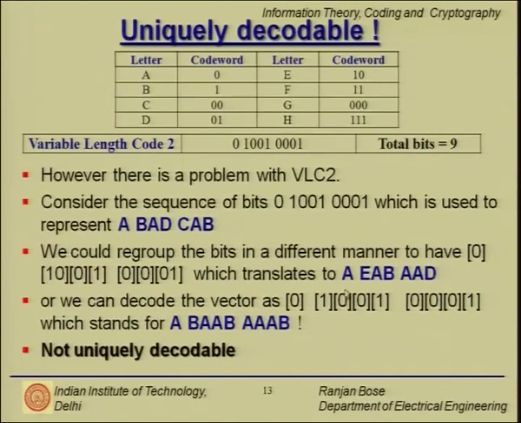You could have A, EAB, AAD, or another decoding possible, AB, AAB, because we really do not know when one code word ends and the next begins. So, in today's lecture we would like to see, is there an efficient way to do variable length codes which are uniquely decodable.